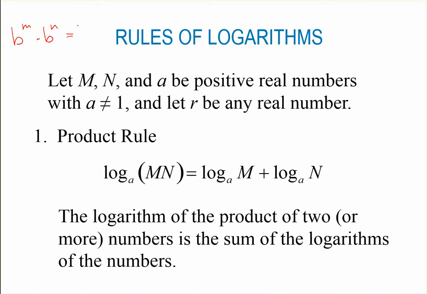M plus n. Perfect, yep. Remember, this is the product rule for exponents. If you're multiplying two numbers, all you're going to do is add the exponents. Well, the logs are exponents. So notice you got a multiplication between the m and the n. And so what happens is you got yourself an addition of the exponents.